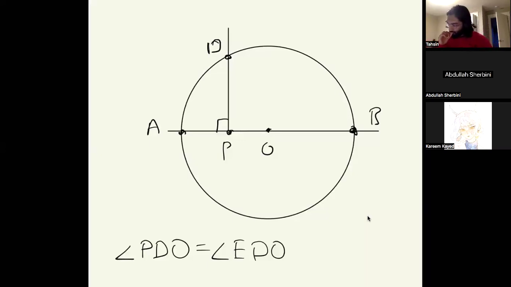Maybe we can draw it like this, where these angles are equal. And then DEO is equal to OEB.